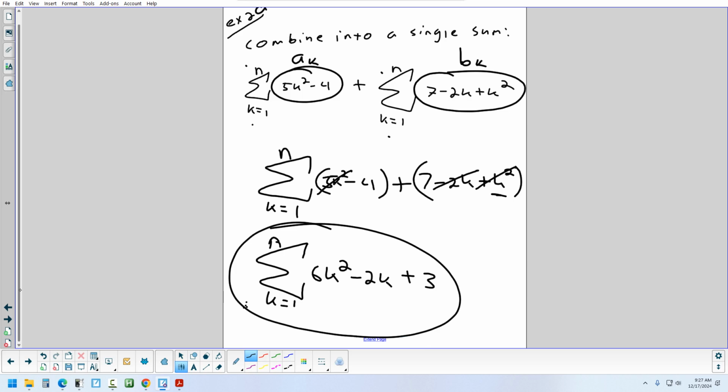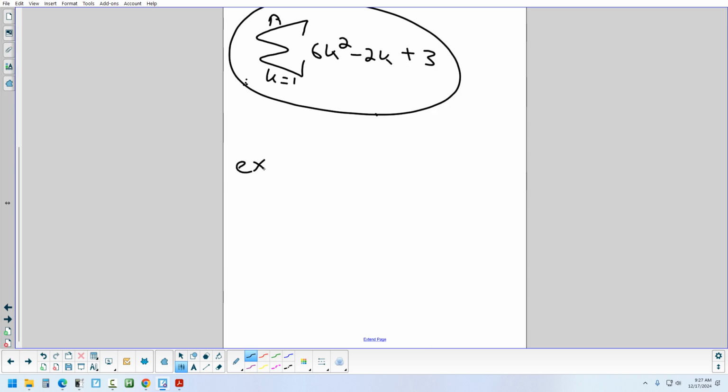Let's do 2B. Same directions. Sigmas are getting pretty bad. So k equals 1 to n of 2k squared plus 3k minus 4.